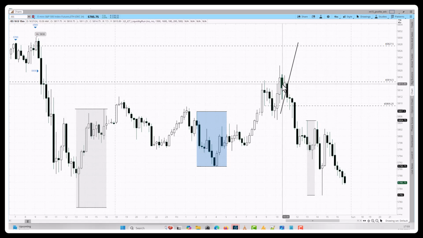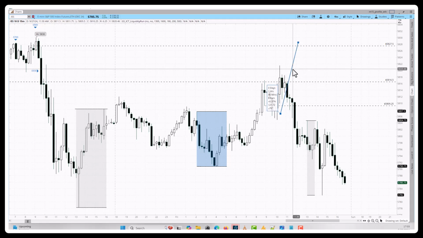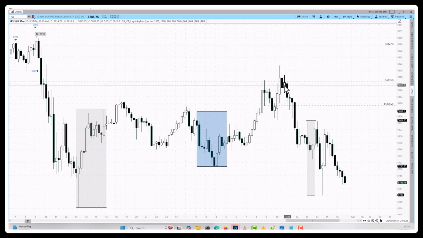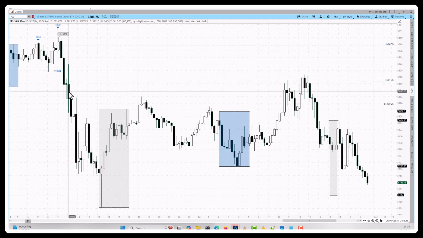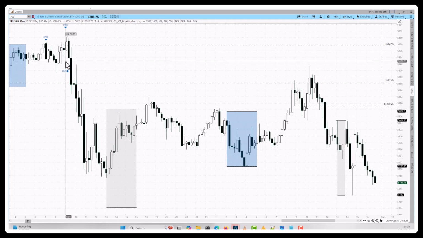It goes into this setup that is a little bit tricky. You see the setup right here, the reversal right here. You don't see the reversal clearly, but look on the left: that's a huge failure gap that lived up from Thursday in the AM.